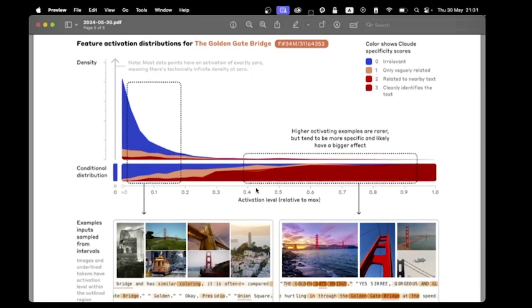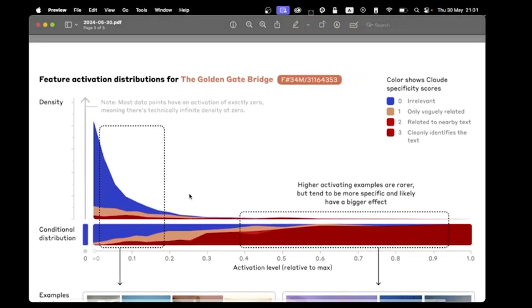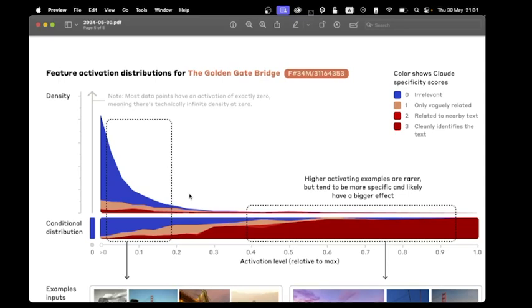So what's going on here is we plot probability density on the y-axis, and we plot feature activation on the x-axis, and we name this feature the Golden Gate Bridge.